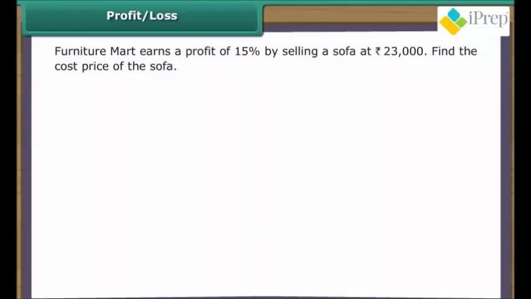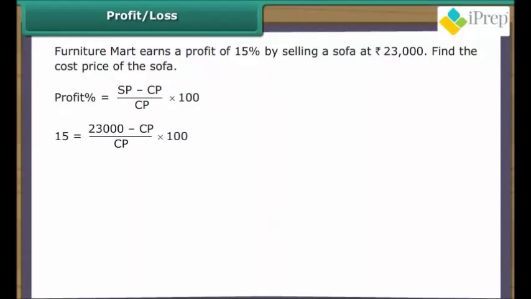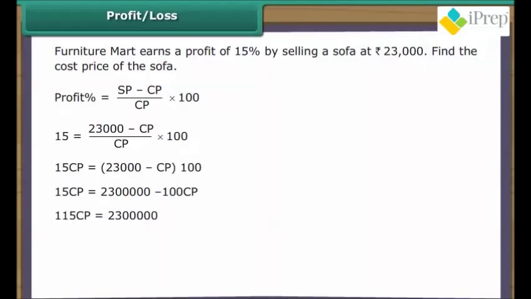Furniture Mart earns a profit of 15% by selling a sofa at rupees 23,000. Find the cost price of the sofa. Profit percentage is equal to SP minus CP upon CP into 100. 15 is equal to 23,000 minus CP upon CP into 100. 15 CP is equal to 23,000 minus CP into 100. 15 CP is equal to 23 lakh minus 100 CP. 115 CP is equal to 23 lakh.